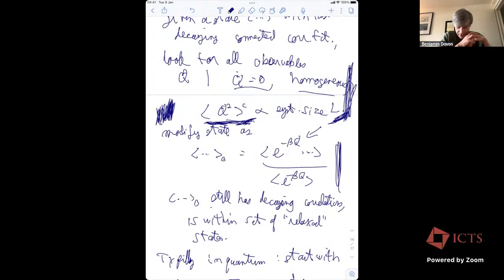Now we have our maximal entropy states or stationary states that have decaying correlations, and these describe the local states everywhere, and we have a manifold of such states, and we go along the manifold with extensive conserved quantities, and then we describe emergent dynamics by saying that everywhere in space-time there's such a state.